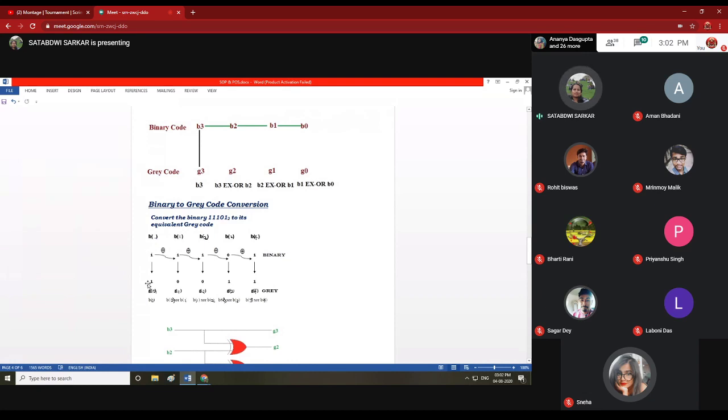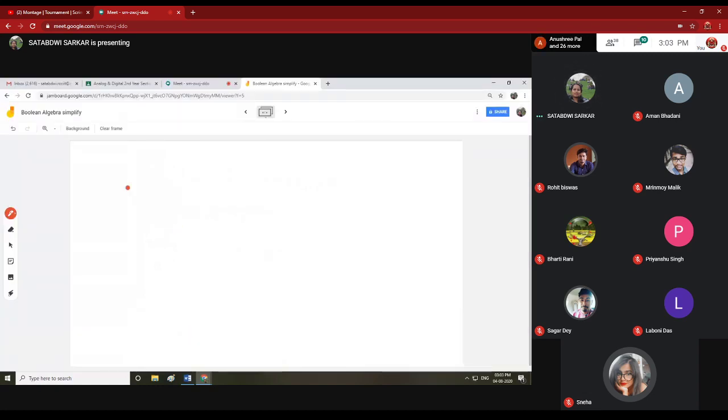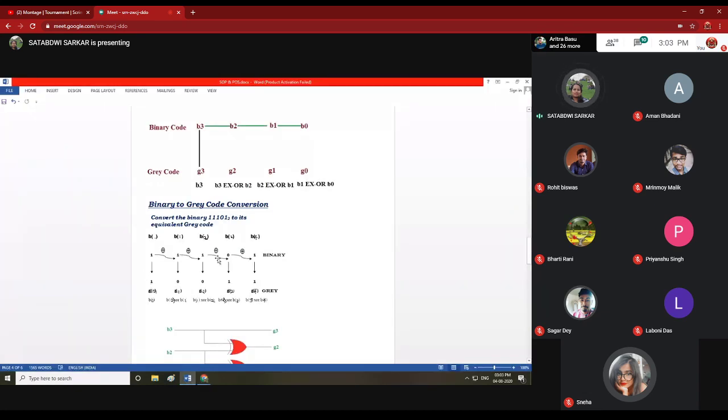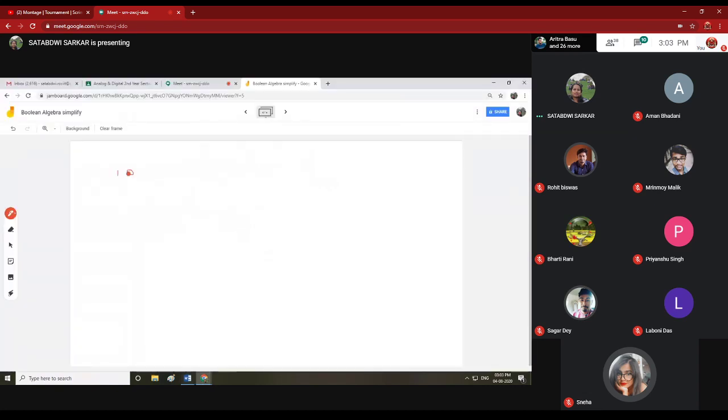So for converting this binary value into gray code, suppose this is 11101. This is the binary value.